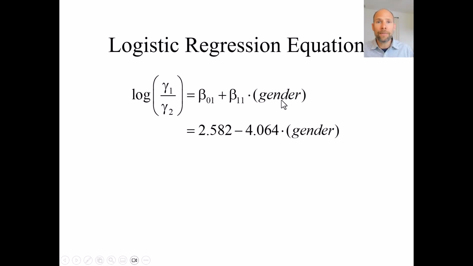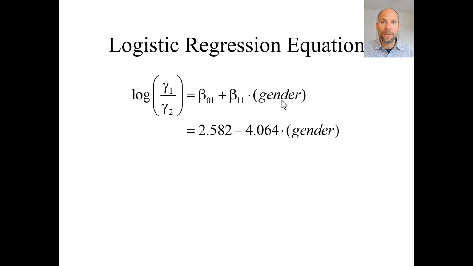Now the first thing that we have to look up or understand is how gender is coded. What is the coding of the categories of gender? If we don't know that, then we cannot interpret these results at all, because it entirely depends on what category of gender is coded in which way and in which order.